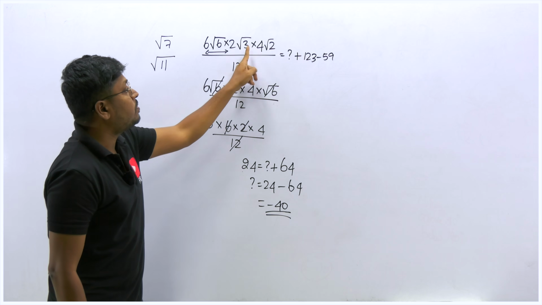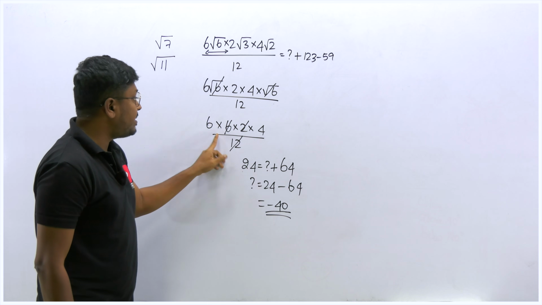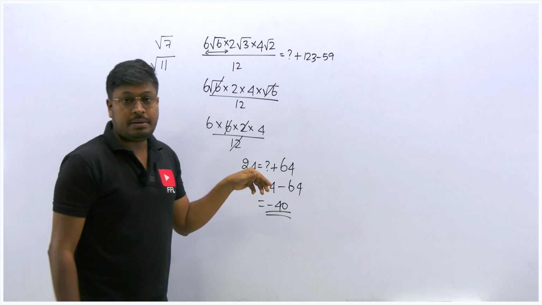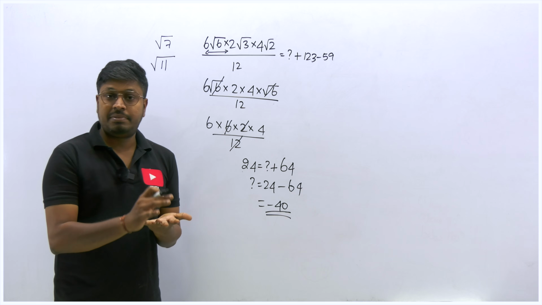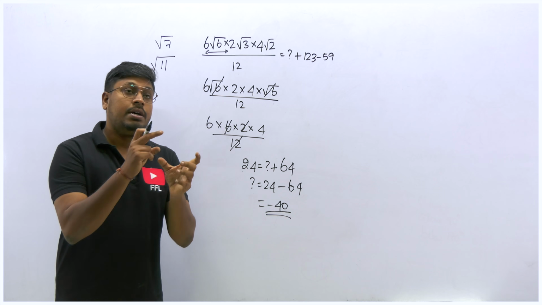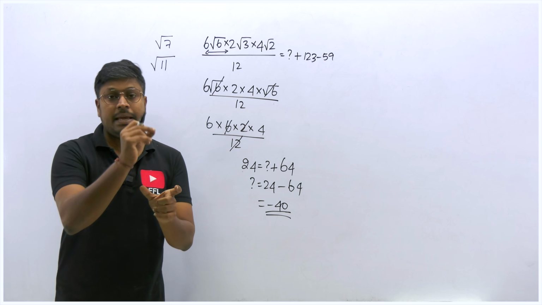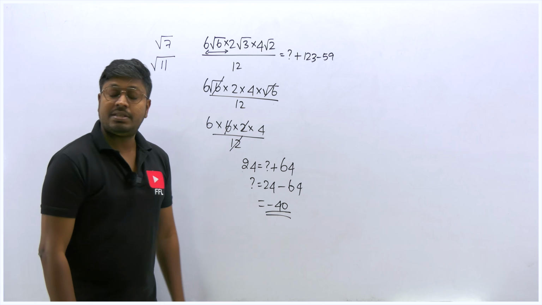When you multiply root 3 and root 2, it becomes root 6, and root 6 into root 6 will be 6. So finally we converted the given simplification into one without square root numbers. Then solving it will be very easy. So practice more simplification questions based on square root, cube root, surds and indices, a power m, a power n. Those are the model questions. So this will be the answer for the first question.